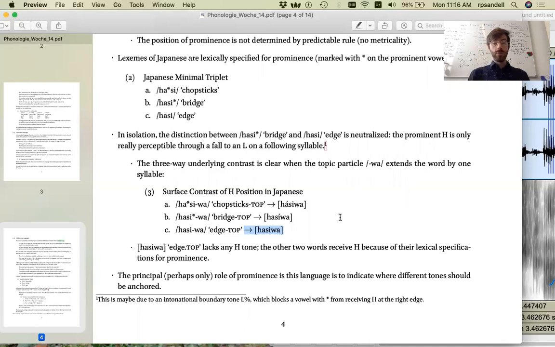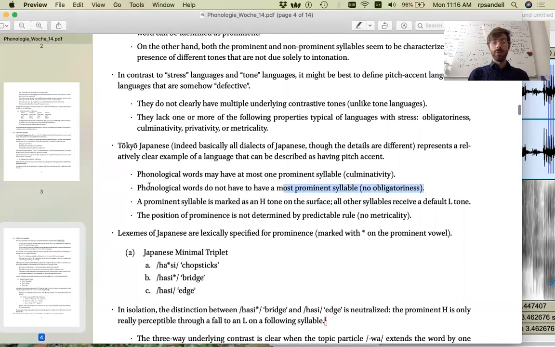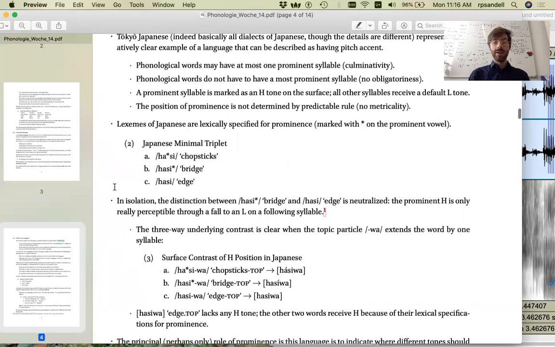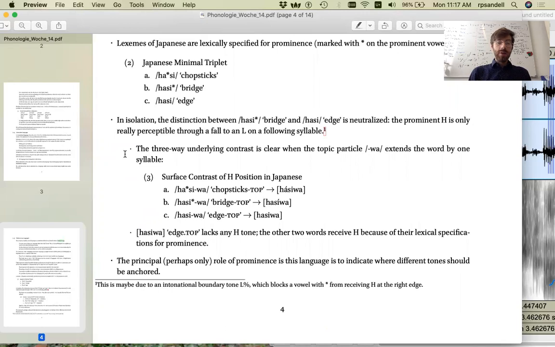So this shows us the word for edge lacks any high tone, indicating that obligatoriness is not a feature of phonological words in Japanese, whereas the other two words, the words for chopsticks and bridge, receive high tones because of their lexical specifications for prominence. And so perhaps the only real role of prominence in Tokyo Japanese here is to indicate where the different tones should be anchored.